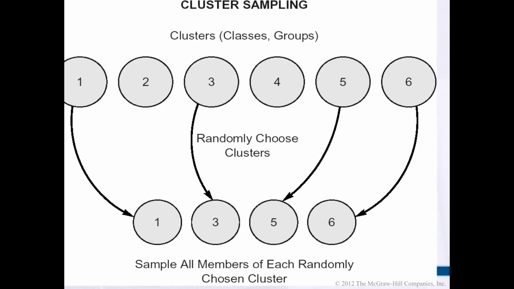Another way of choosing the participants randomly we call cluster sampling. For example, if we divide our university into 6 groups, instead of choosing individual students, you choose groups, randomly selecting 4 groups: group 1, group 3, group 5, group 6.